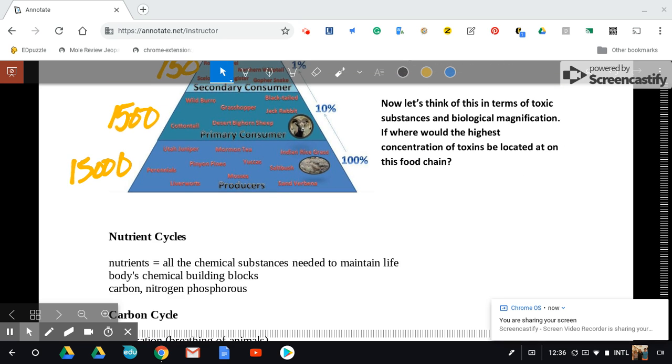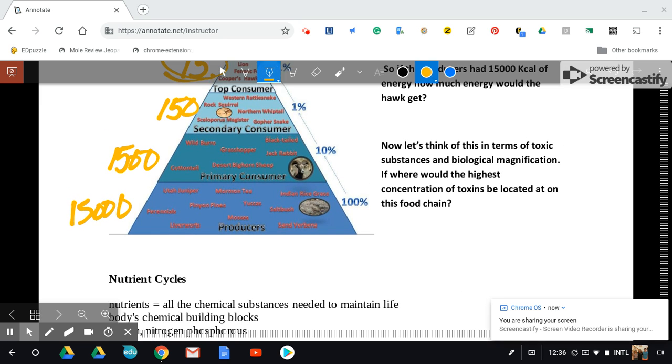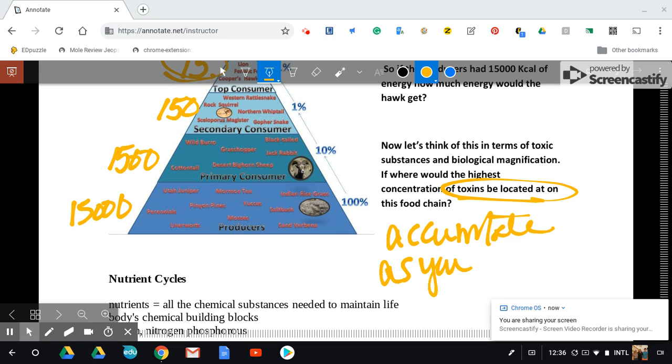Now, in terms of toxins, it's a little bit different. Toxins accumulate as you go up the food chain. They do not break down. That's why something like DDT, which was used as an insecticide, was banned. As it goes up, it doesn't break down. Let's say that chemical was sprayed here and you got all these little particles.